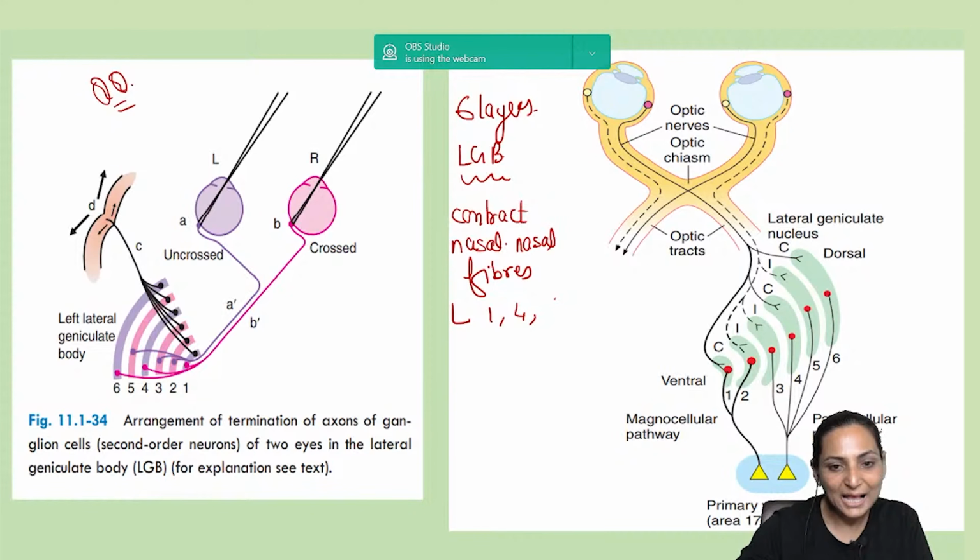Can you see layers 1, 4, 6 of the lateral geniculate body?